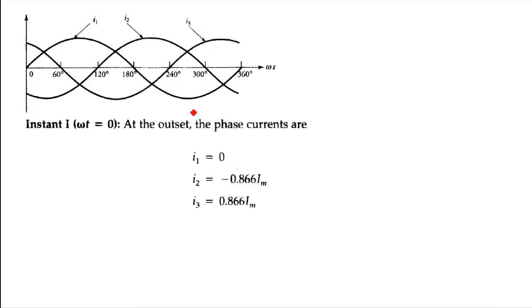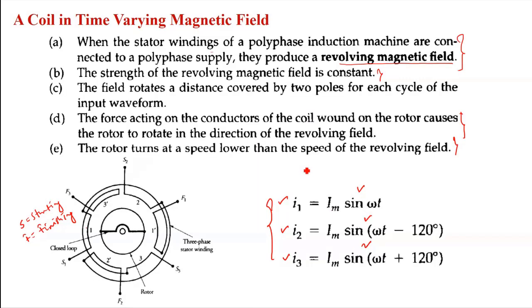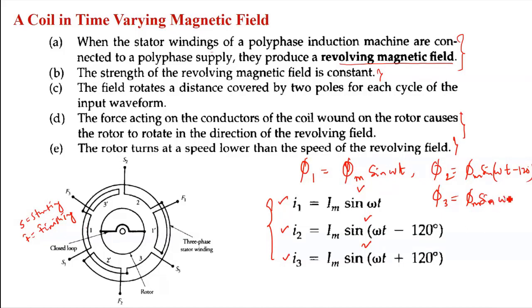Now if we see the flux, I'm writing here the flux equations: phi 1 will be phi m sin omega t, and phi 2 will be phi m sin of omega t minus 120. Then phi 3 will be phi m sin of omega t plus 120, right?